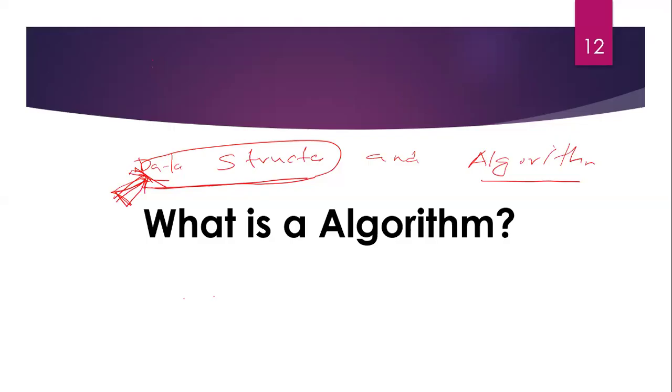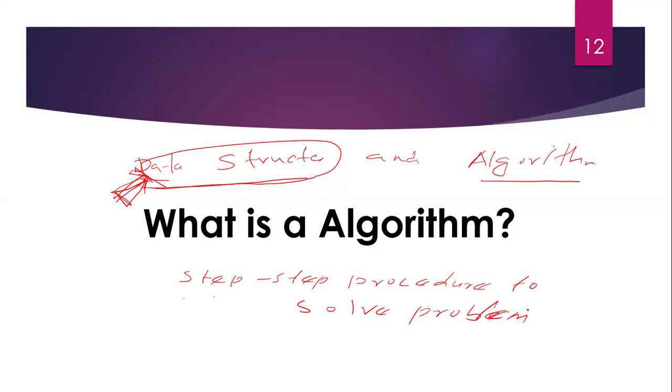We can say an algorithm is simply a step by step procedure to solve a problem. It is not only for coding problems.